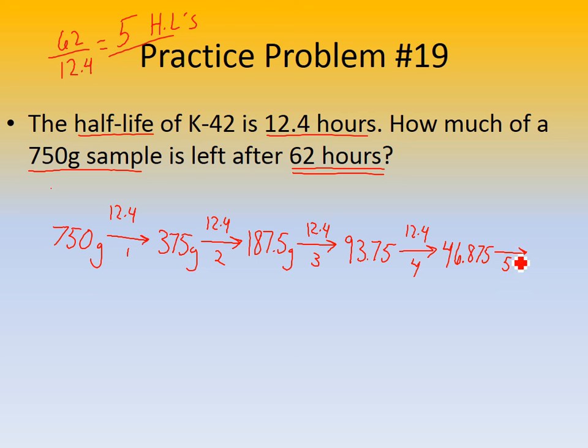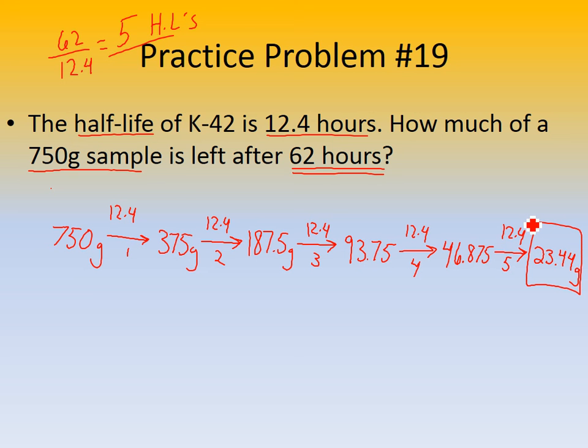One more, the fifth half-life. Another 12.4 hours go by. How much remains? 23.4. Let's round it to 2 decimal places. So 23 point what? 44. And we're measuring in what? Grams. So that's how much will remain after 62 hours.